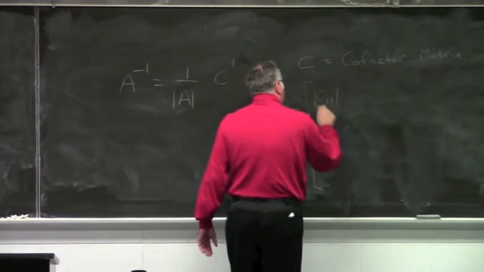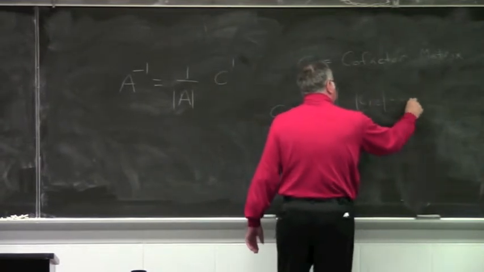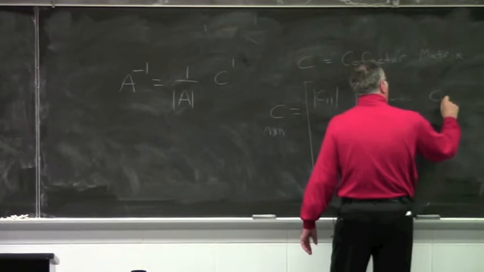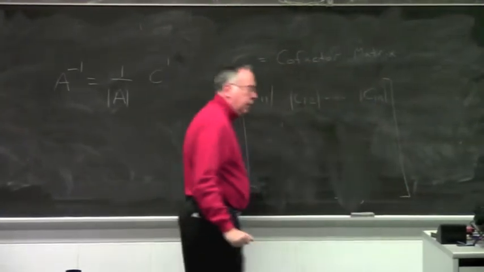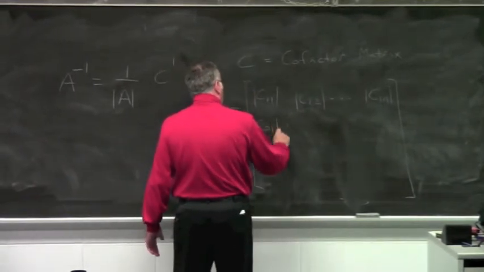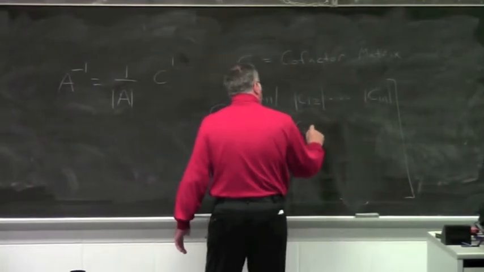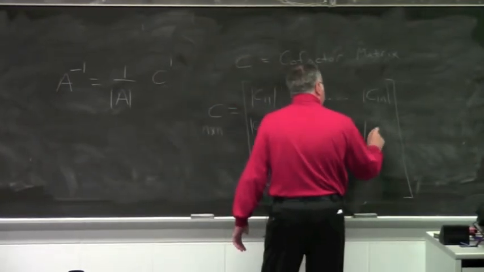C11, C12, dot, dot, dot, C1n. That's the first row. The second row is just C21, C22, dot, dot, dot, C2n.